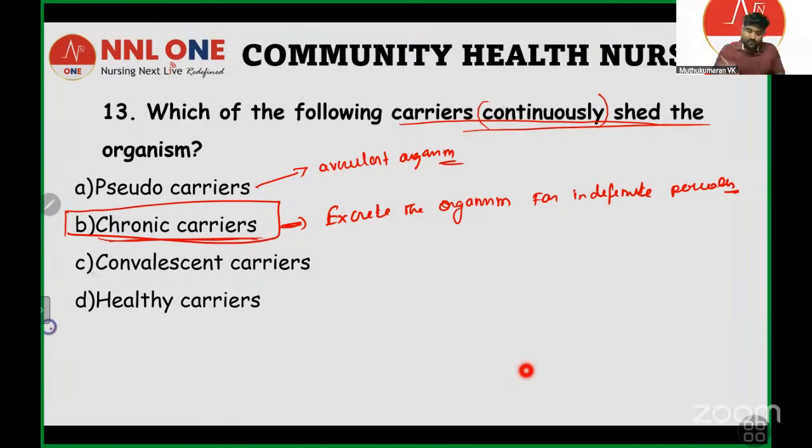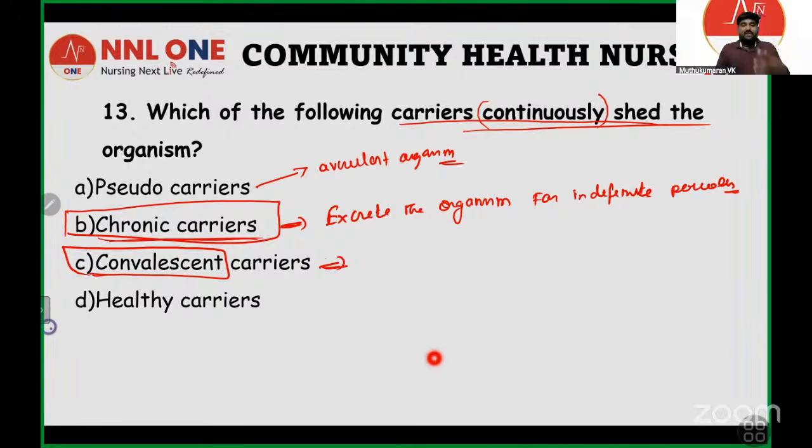When we talk about the convalescent carrier, the name itself comes from convalescence. When a person is affected by a particular infection, for example typhoid or cholera, there are stages like the incubation stage and the recovery stage.